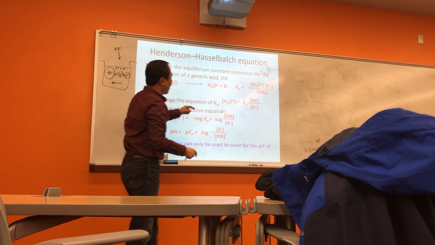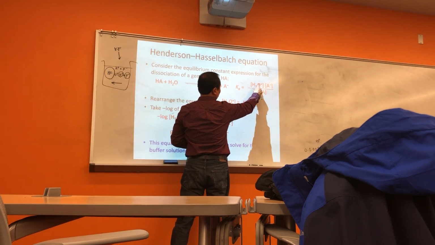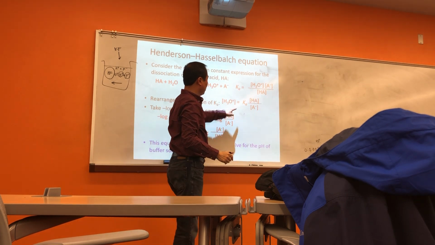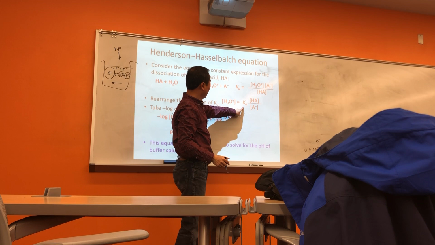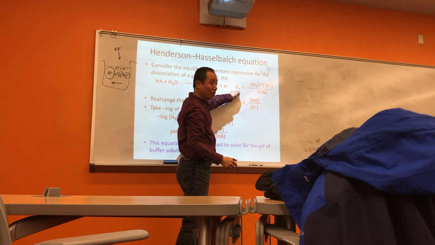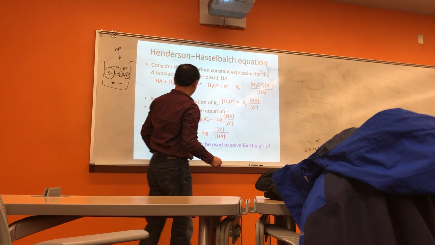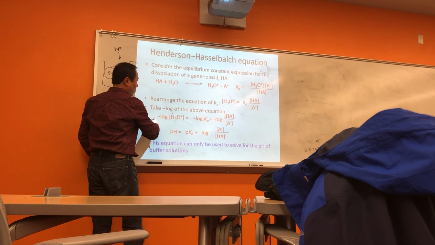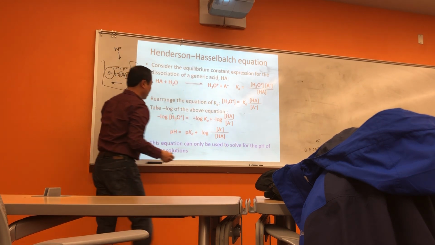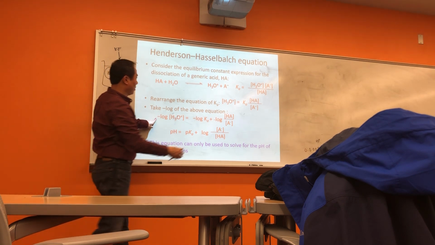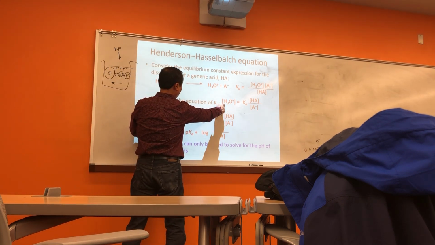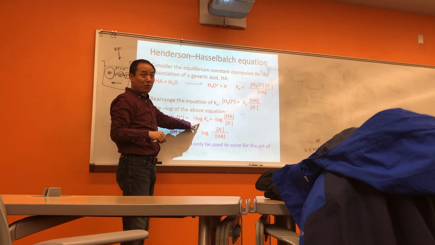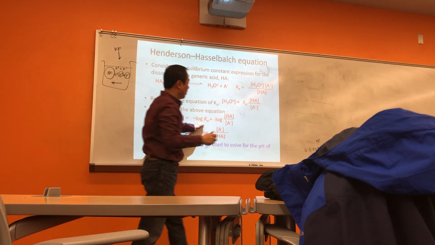Now we just rearrange this on that side, and then this guy just goes to the other side. So it will look like this. Okay? So it's just a rearrangement of the equilibrium constant. And then take the negative logarithm of both sides. Okay? Negative logarithm of proton or hydrogen ion. Now, I assume you are familiar with the logarithm property.